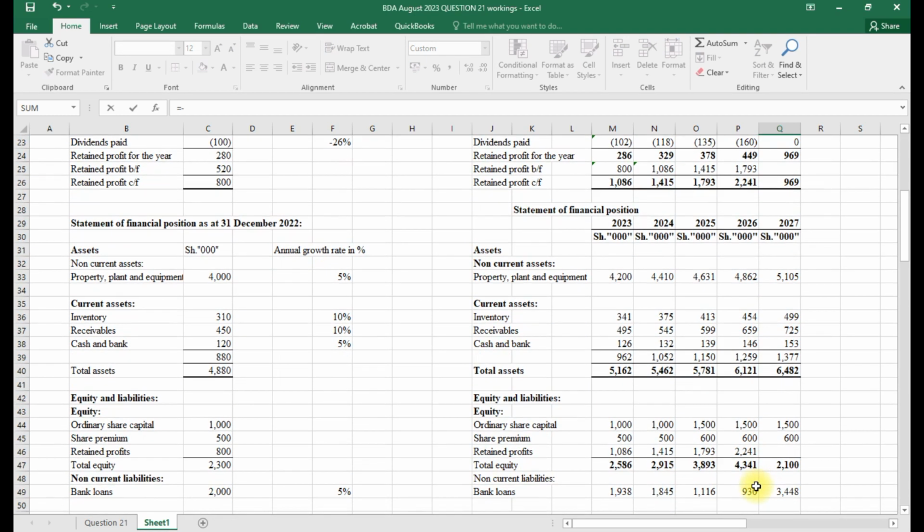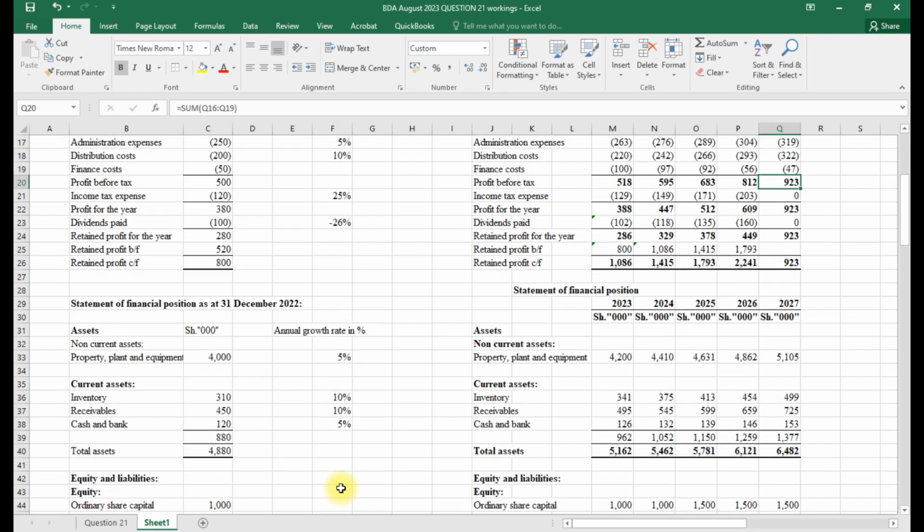So I'll take 930 and multiply by 5%, to be 47 as my finance cost. My income tax, pick this, I multiply by 25%, put a negative sign there, and that dividend is multiplied by our rate of 26%.